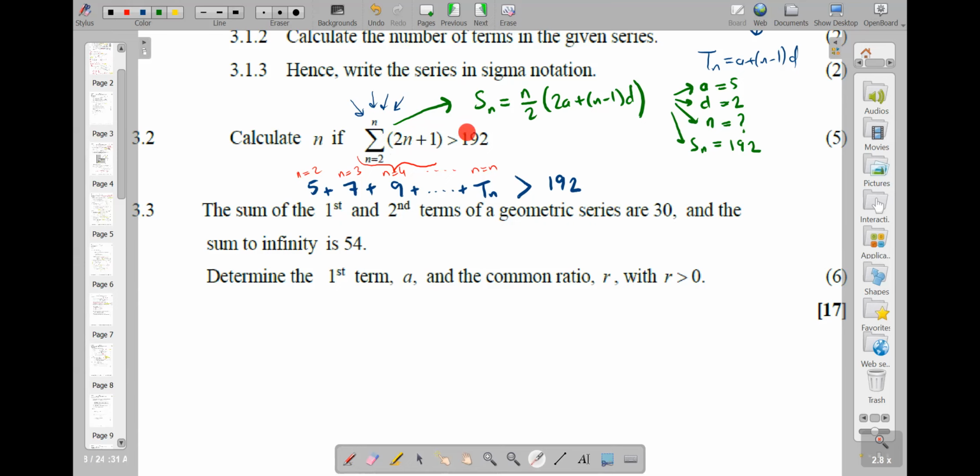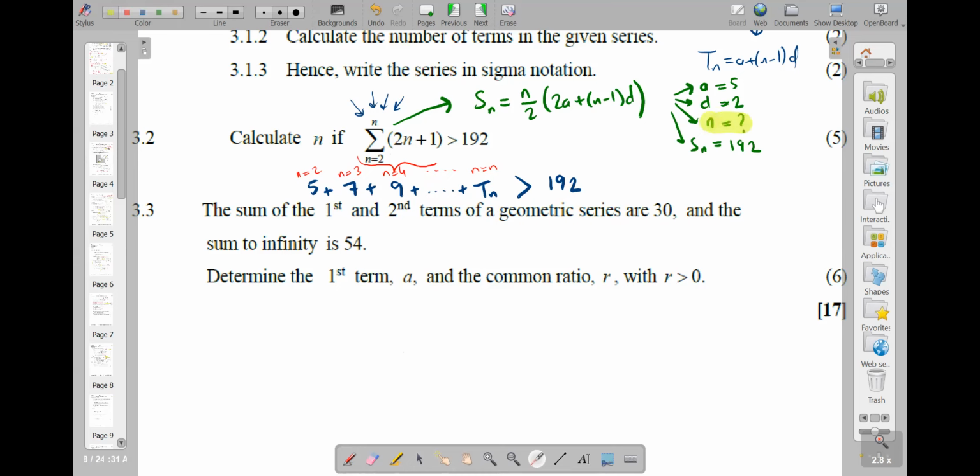Our answer must be in the form of n is more than a specific term. Before that term, the left side is less than 192, less than 192, but after a term is added, it becomes more than 192. And that term is our question. You can get that answer by solving this, because only n is missing.